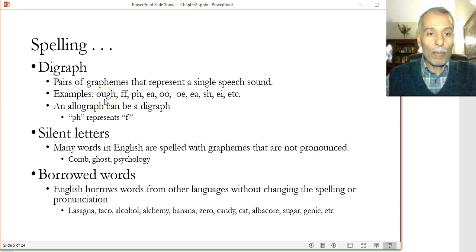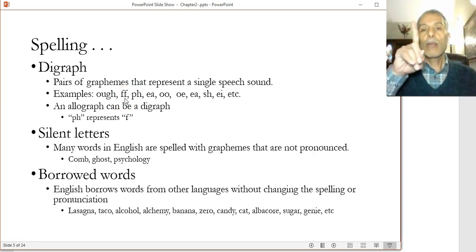Here, the GH in OUGH as in enough, or cough. So the GH gives you the f sound. What else can give us the f sound, or the f phoneme? You can put an F letter as in fluff.